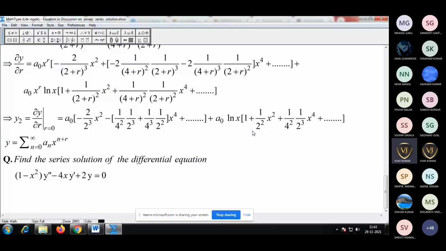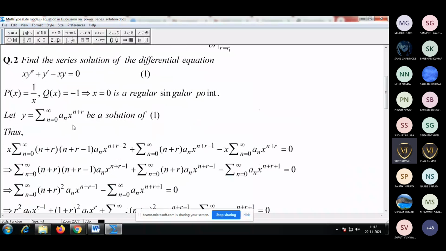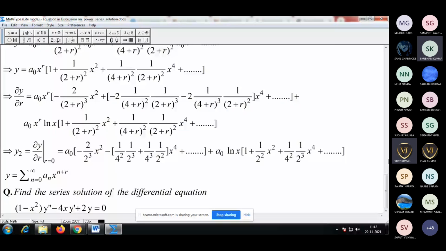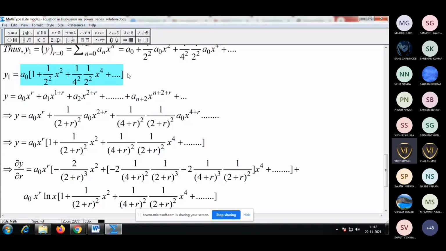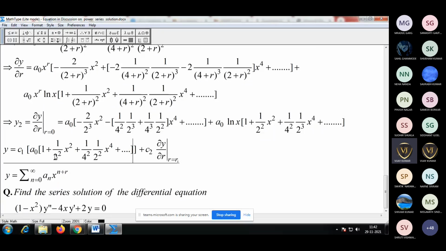Hence, the required solution will be C1 del y by del r; this general solution is this one. y1 we have already evaluated, this term.